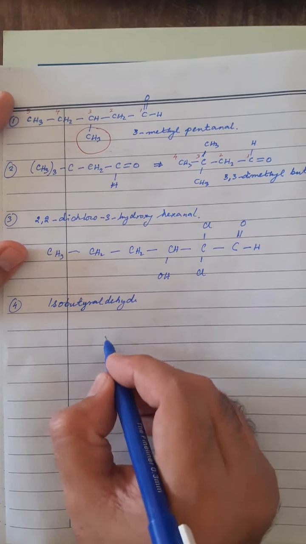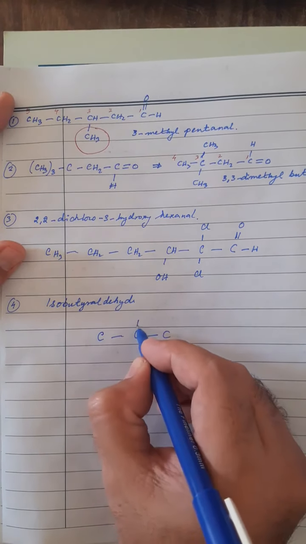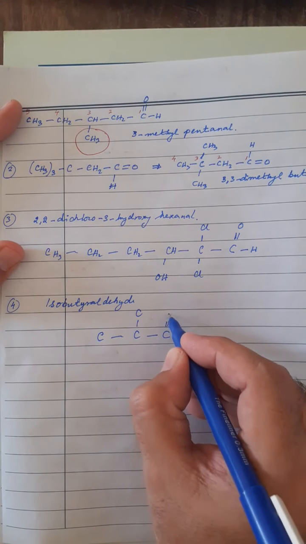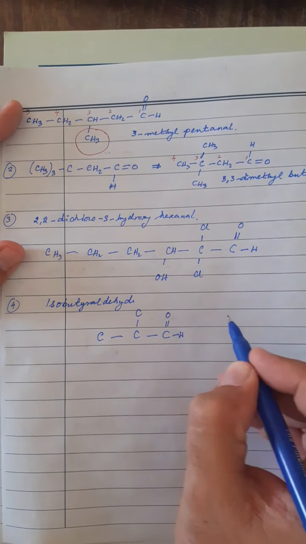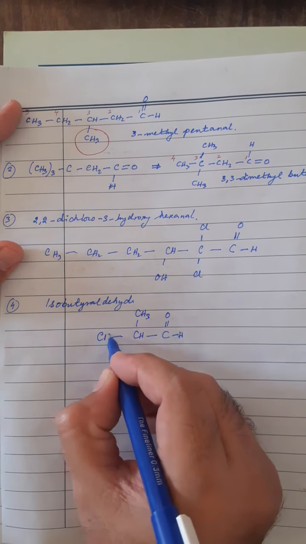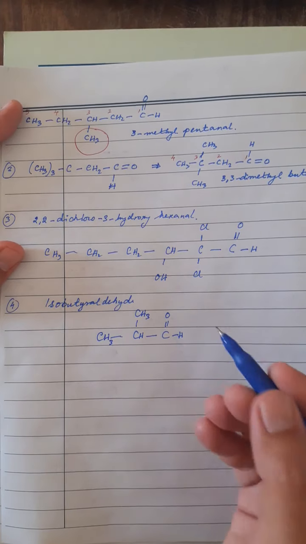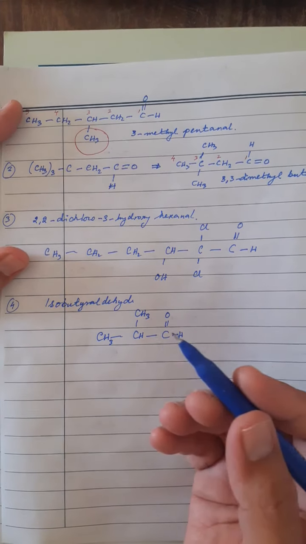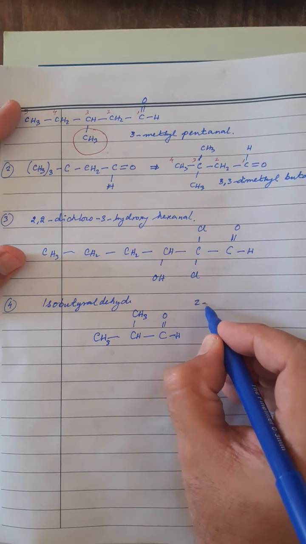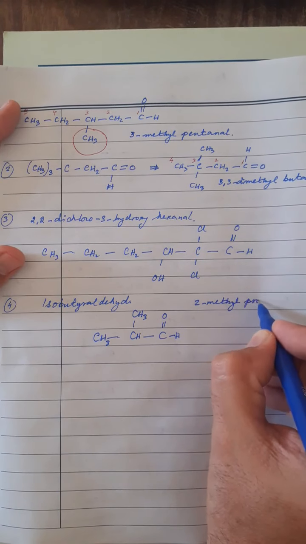Isobutyraldehyde is 4 carbons, but like this: 1, 2, 3, and 4. Now the first carbon will be carbonyl, and in the rest you just manage the valences. All right. Now this is isobutyraldehyde. If you want to name it through the IUPAC system, 1, 2, 3, 2-methylpropanal.